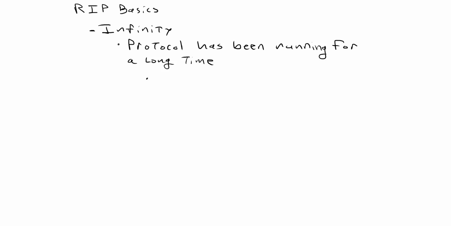If for some reason a router or a network loses connection, eventually what will happen is that information will be passed around enough to the network to where that entry in the distance vector will change to one of infinity.